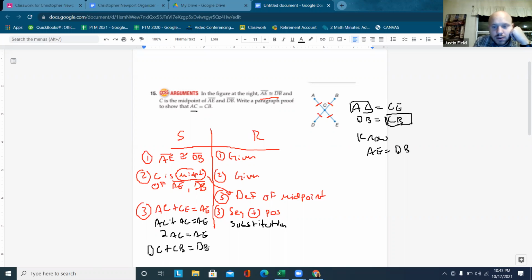Oh, but DC equals CB. DC equals CB. Okay, but now I would just want to write CB plus CB equals DB. Doing the same thing with this other segment, the segment addition postulate. This is substitution.